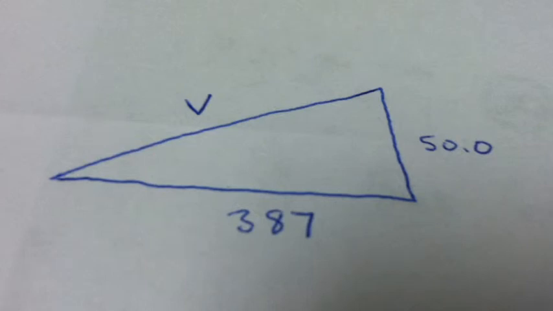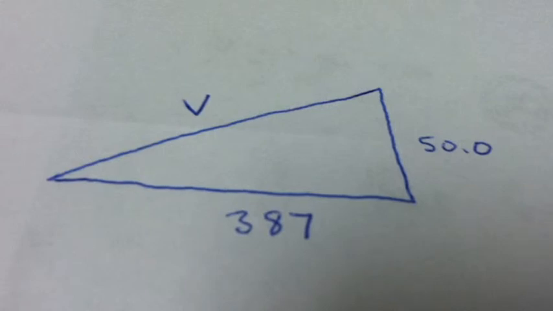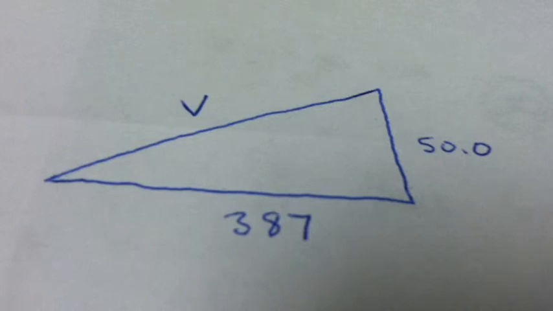Now that you have simplified your equation into the velocity in the x direction and the velocity in the y direction, you have to find the velocity in the direction the plane now goes with the wind applied to it. To find this velocity, you would use a triangle as shown. You would separate into the x direction, which is 387, and the y direction, which is 50.